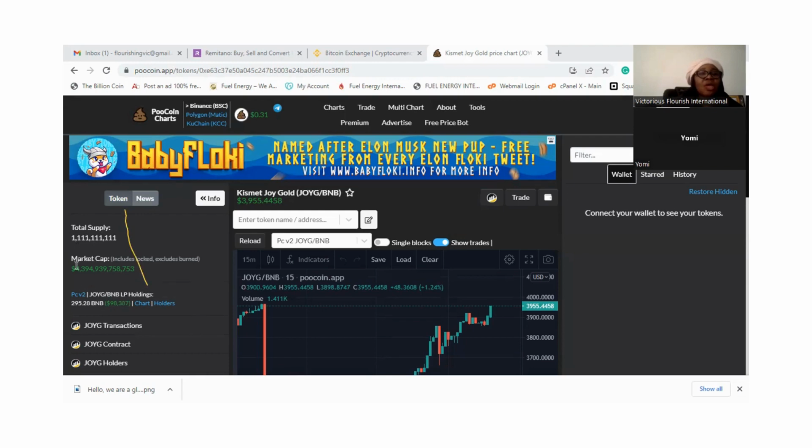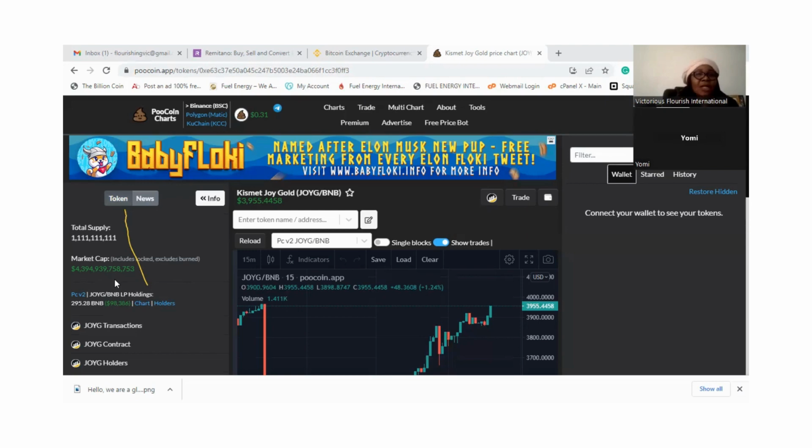So what does this here that says market cap mean? You multiply the total supply by the price of Joy G, and it will give you the market cap. You understand now?